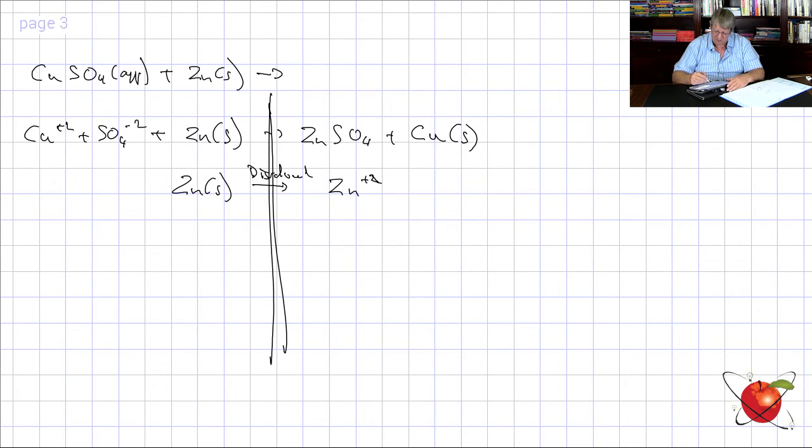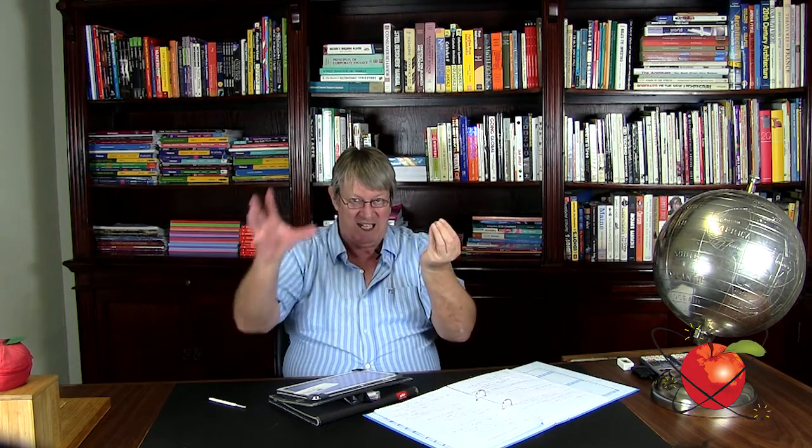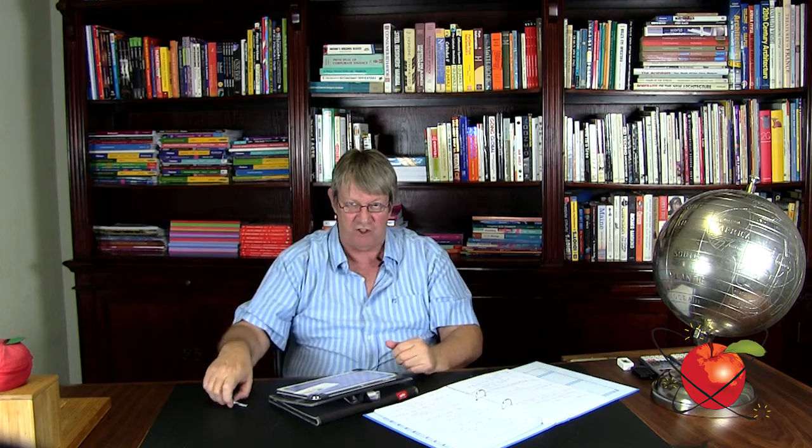How do we know this? Well, we know it because the copper was a plus 2, and all of a sudden copper is now a solid. It's physically there. It actually happened. So how did this happen? There must have been 2 electrons added to it to make it a solid, because remember, it's an element now. It was an ion of plus 2. We cancelled out the plus 2 by adding 2 electrons to it.